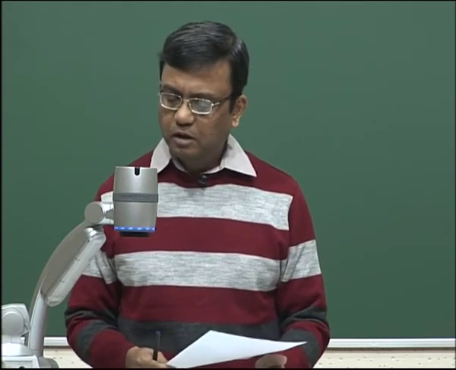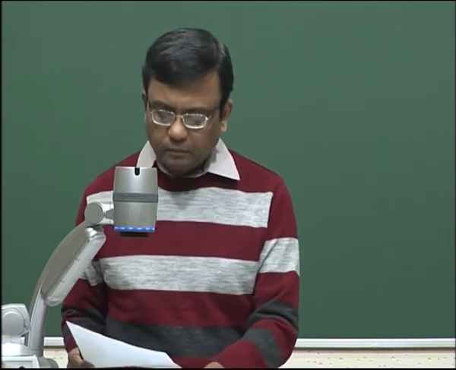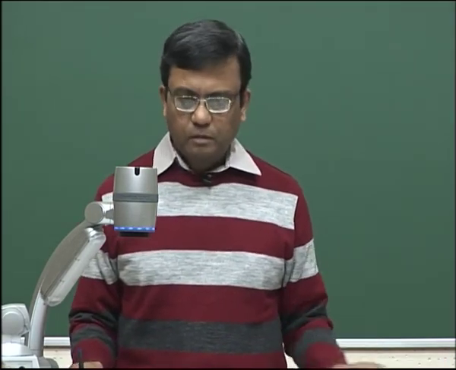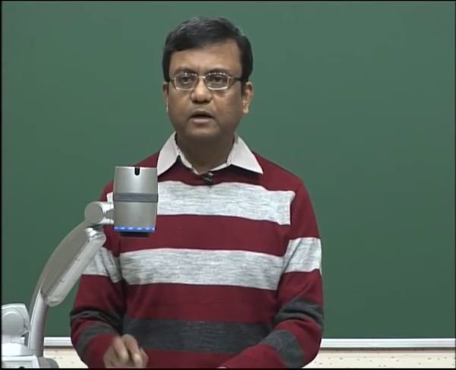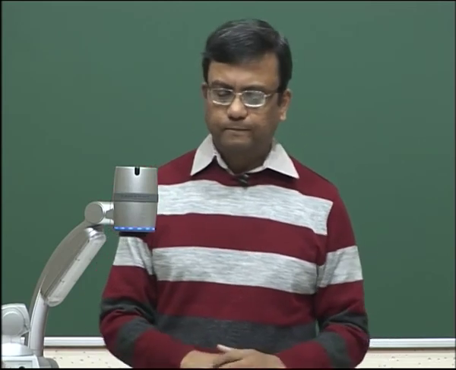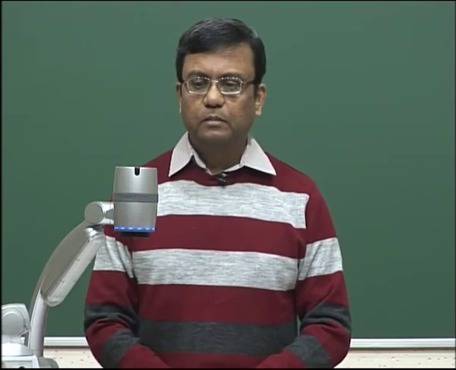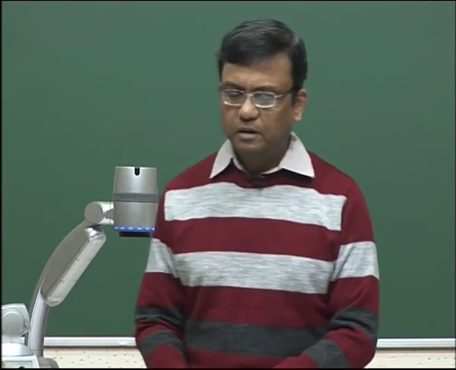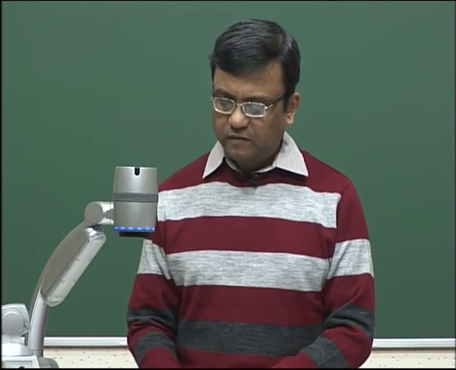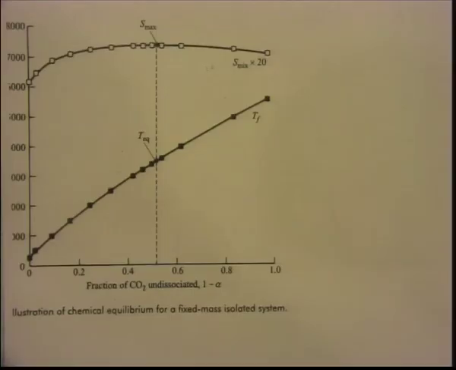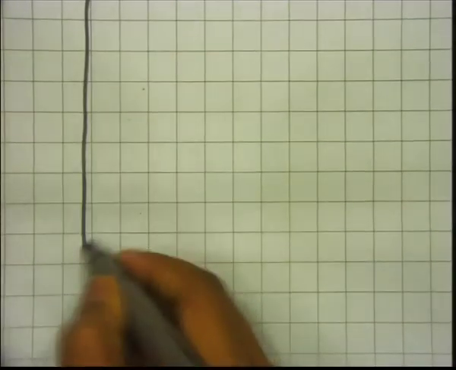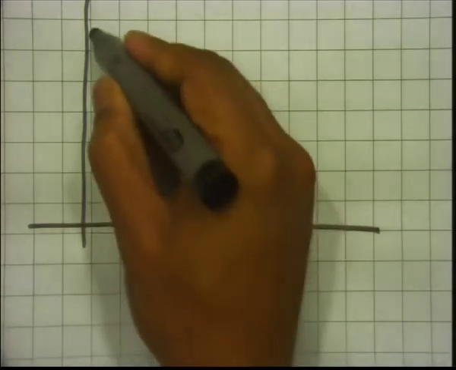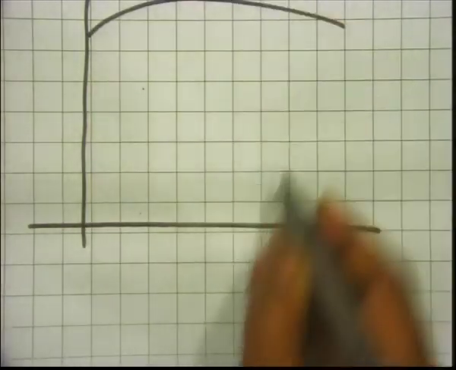Alpha equal to 0 means there is no CO. So, going back to the figure, the entropy of the mixture can be plotted as a function of the fraction of CO2 that is undissociated, which is 1 minus alpha, and it shows up like this.